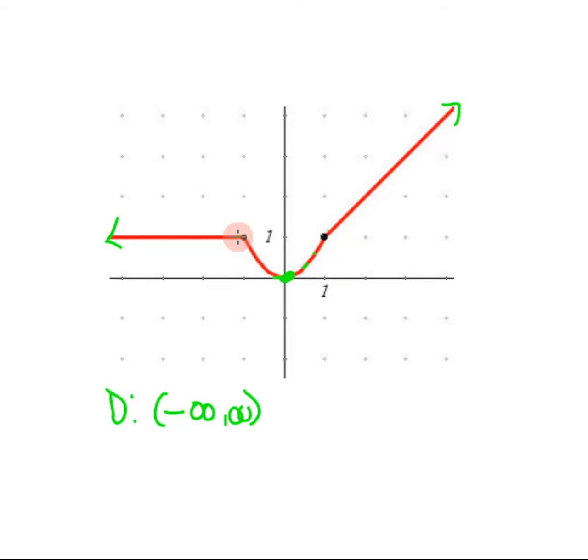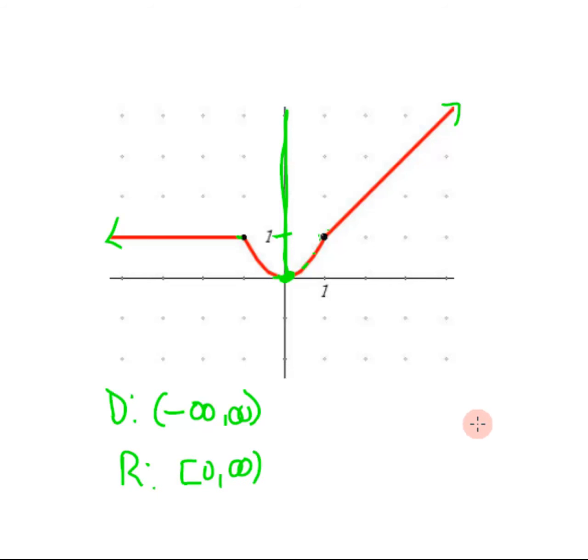No, because it's right here, they're the same. 1 is 1, it's already counted. So I'm just looking at this one because it keeps going up. The other one keeps going left, but that just means 1. This all just means 1 on the y-axis, right? See, look left here, 1, that's covered. Then it keeps going up, so it must go up forever from 0. So my range is 0 to infinity.